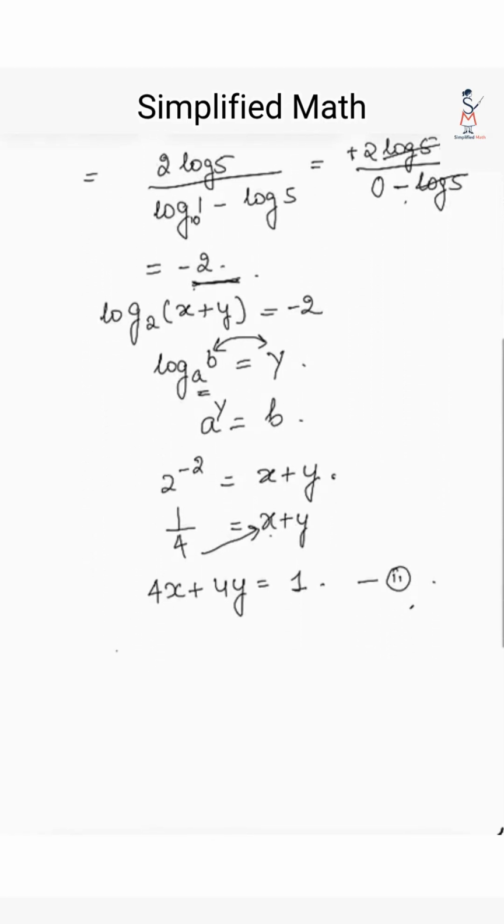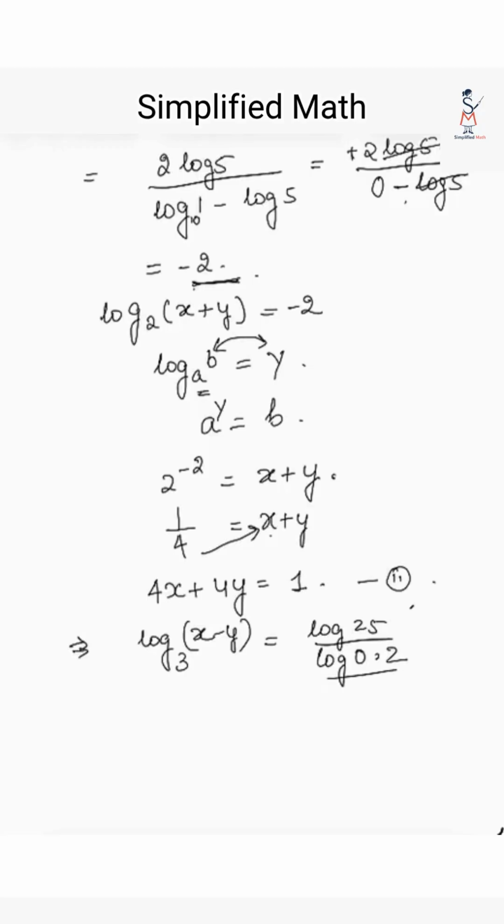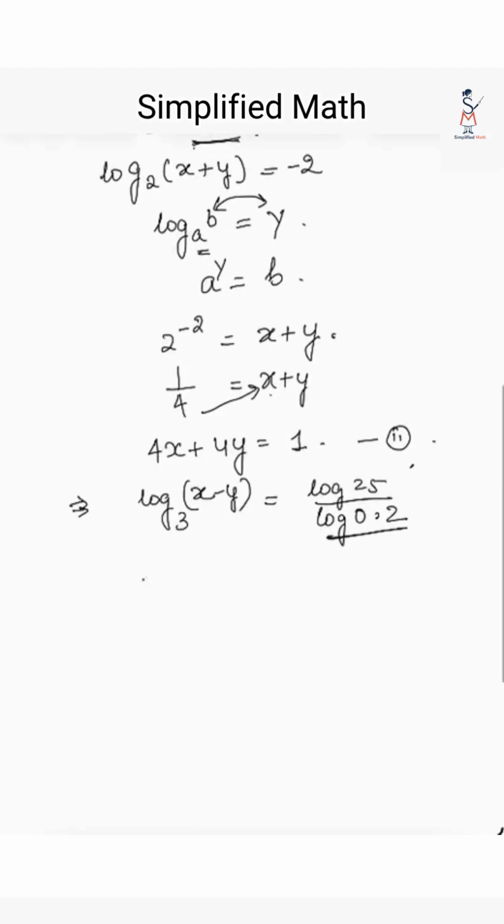So let's write it down. Log (x minus y) to the base 3 is equal to log 25 by log 0.2. This we calculated, it came out as minus 2. So what we can write?